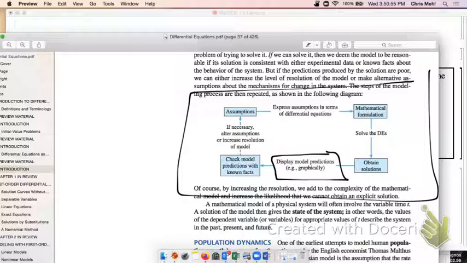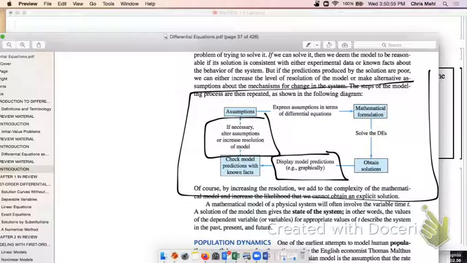We're going to see Newton's law of cooling in a second, and we're going to talk about modeling circuits. After you display those model predictions, you could check them with known facts. So you're going to compare observations to your predictions, and then if necessary you would alter your assumptions or increase the resolution of your model.